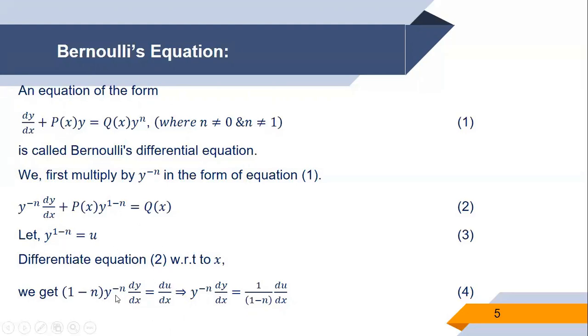So that implies y raised to minus n dy by dx is equal to 1 upon 1 minus n du by dx.